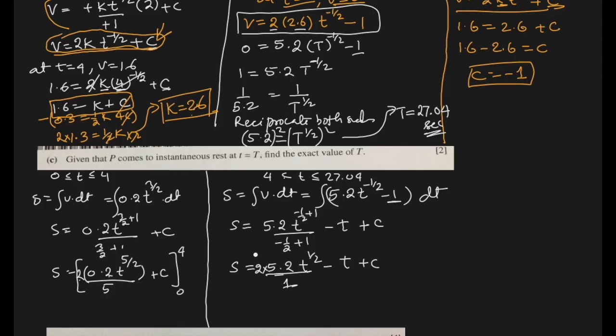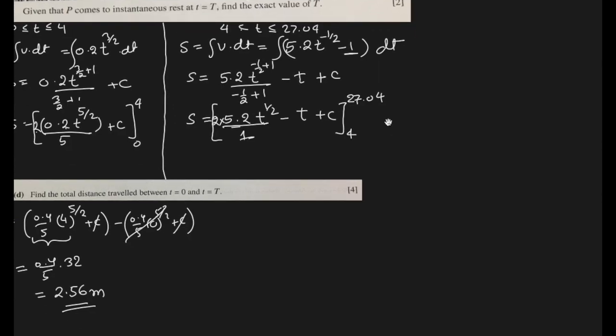And this we have to find distance from 4 to 27.04, correct? And this is what will continue here.